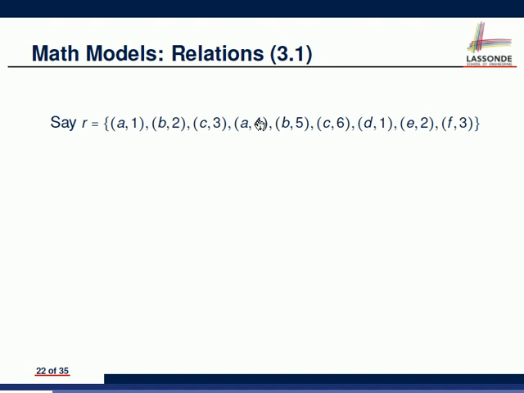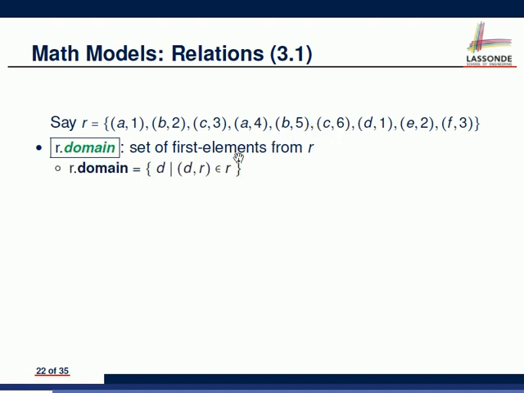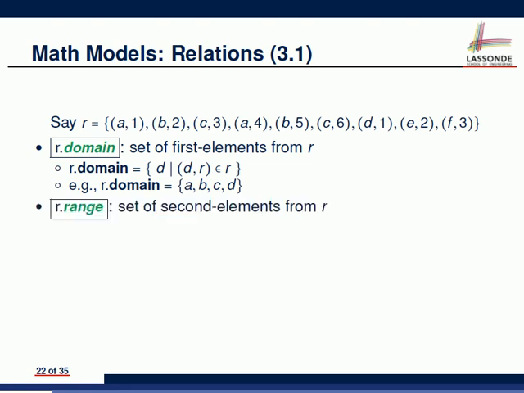Let's try this very quickly. Domain will be the first elements. In this case, that'll be A, B, C, D. Actually, this should be E and F as well. A, B, C, D, E, F, all the first elements. I'll change that.